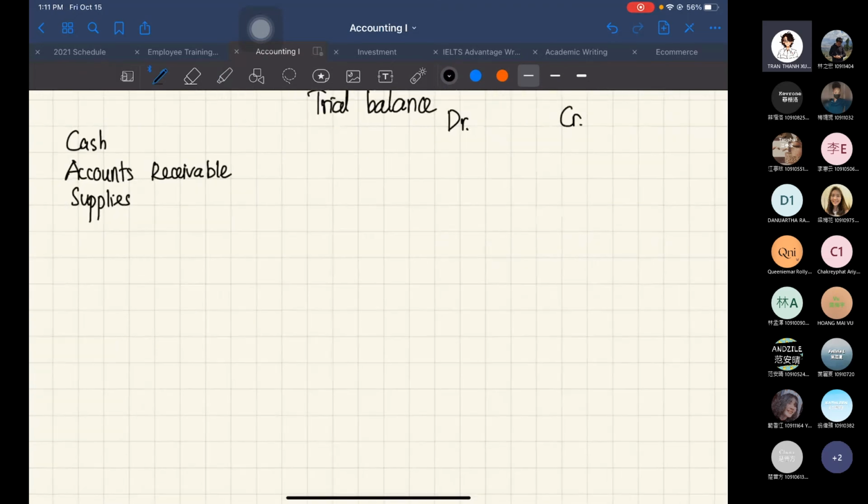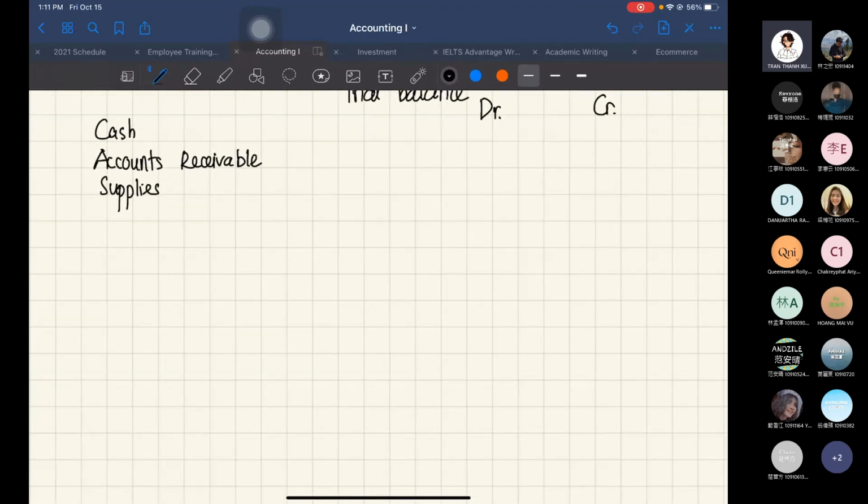Yeah, so that's really important when you're doing T account or you post to ledger. Of course, the T account is going to be faster. Account receivable, how much is it? Supply. Yes. Okay, next.